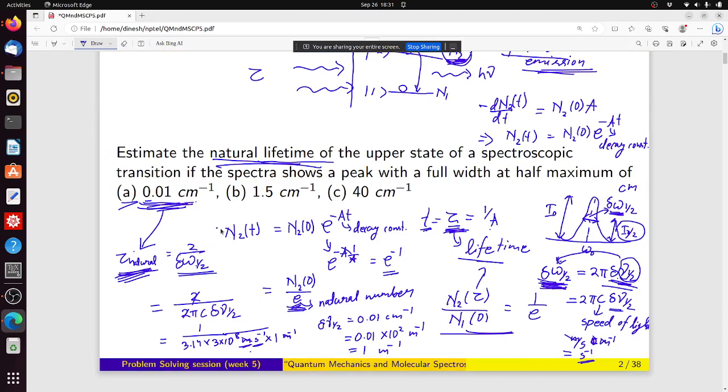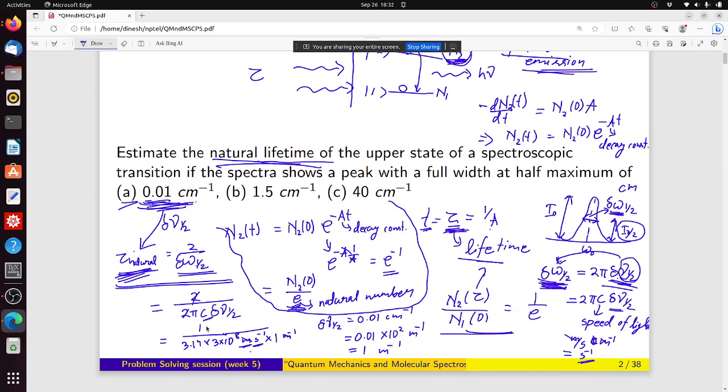So these were unnecessary. These already you know. I just repeated this. So the main formula is this one. You are given this value. This is nothing but delta nu half, and you have to convert it to this angular width delta omega half. Okay, so you have to multiply 2 pi with that. As the unit is in length unit, so I had multiplied c with it.